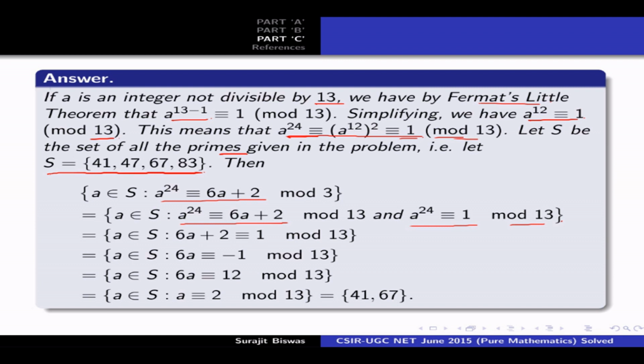So if we subtract, we have a belongs to S with 6a plus 2 congruent to 1 mod 13, that is 6a congruent to minus 1, that is 6a congruent to 12 mod 13. Since 13 does not divide 6, this is a congruent to 2 mod 13, and here we have only two options, 41 and 67.